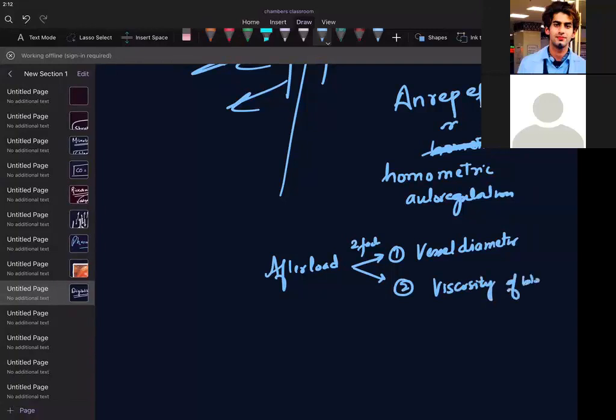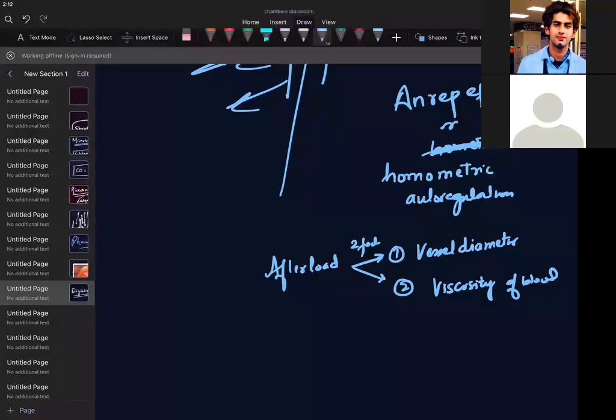In other words, we used to say vessel diameter is a vascular hindrance to afterload. Viscosity of blood is a hematological hindrance.